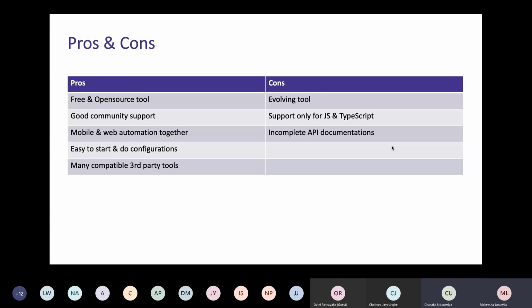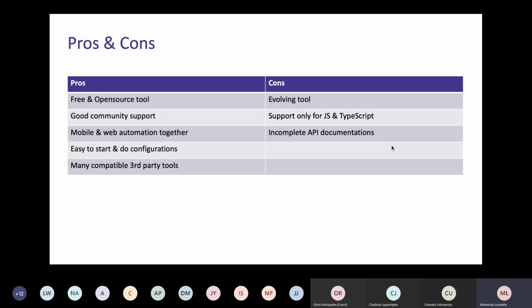Yes. When it comes to the pros and cons of WebDriverIO, first of all, I would say it's a free and open source tool, and we have good community support. The cool feature is it supports mobile and web automation together. Selenium supports web automation only, and Appium supports mobile automation only. In WebDriverIO, we can do both in one framework, and it's easy to start and configure.